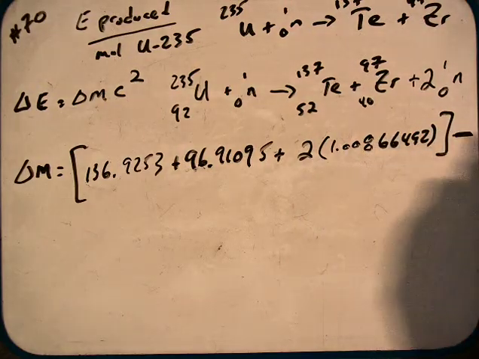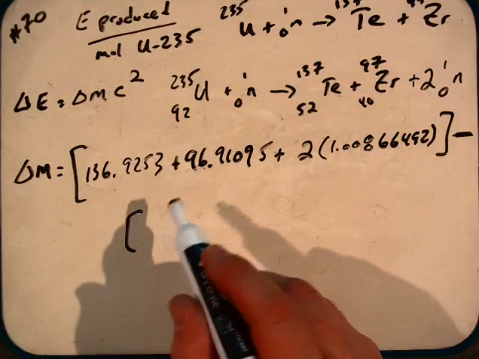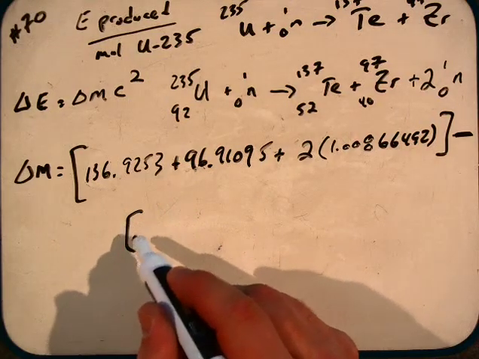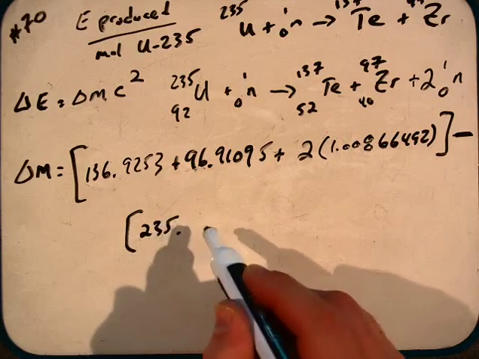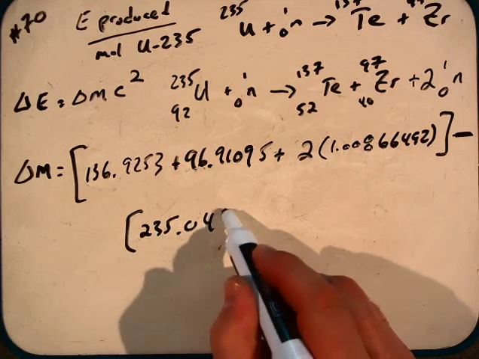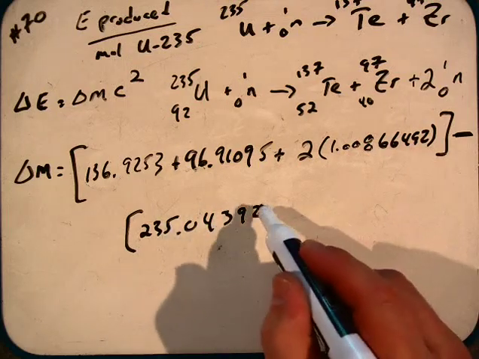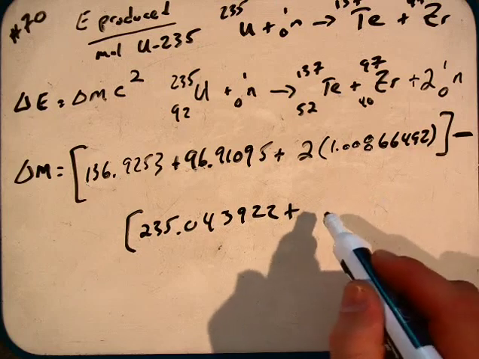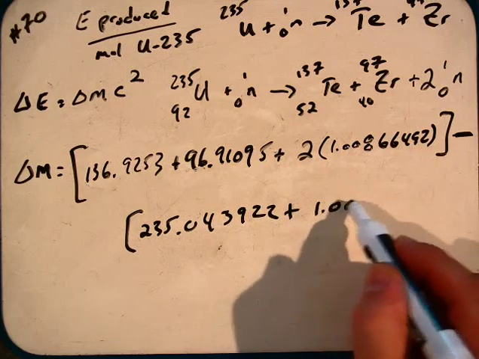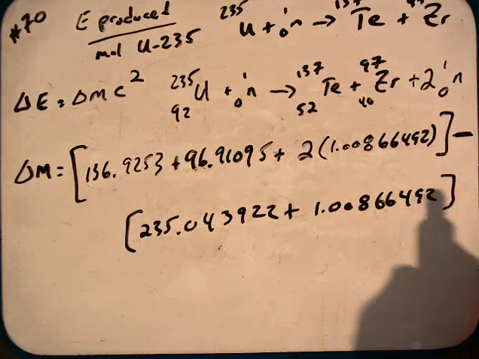And so now we're subtracting off from that our starting materials. And so our starting materials will be the uranium-235, which is given to us as 235.04392, plus then our neutron, which is 1.00866492.